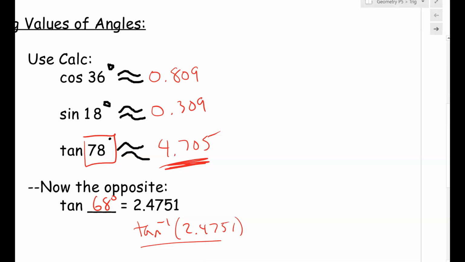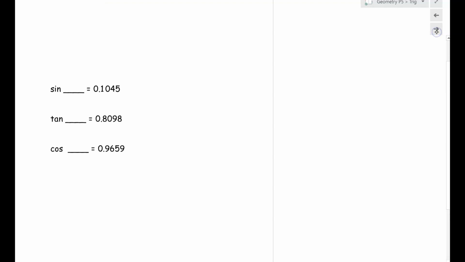All right, but that's it. The one different thing here compared to the previous is every time we're doing the same thing. It's just a matter of picking the right trig. So we're going to do the same thing here. On the calculator, to get your answer, you're going to do sine of -1 of 0.1045.